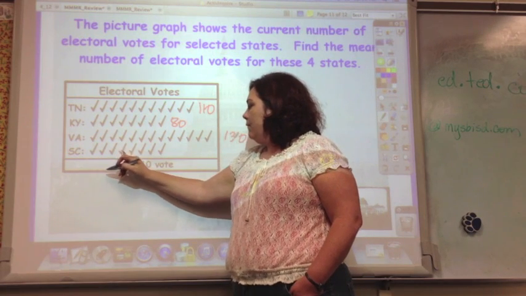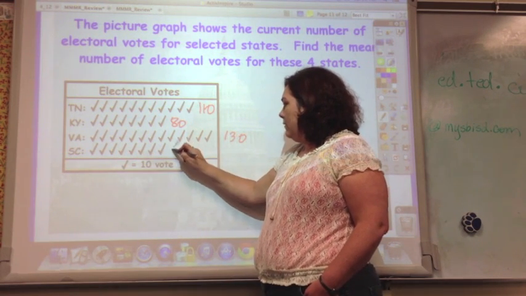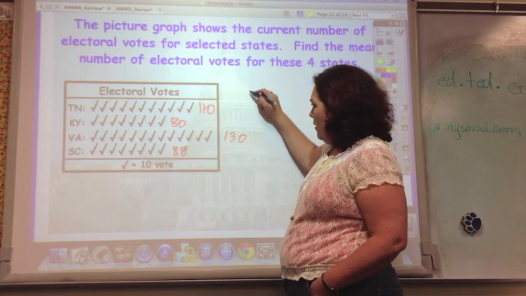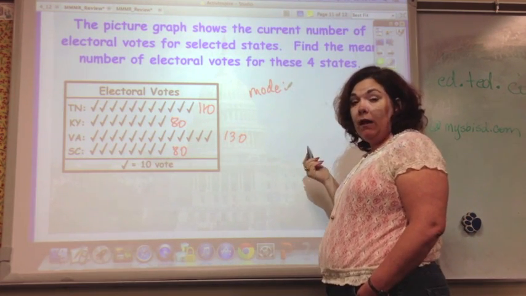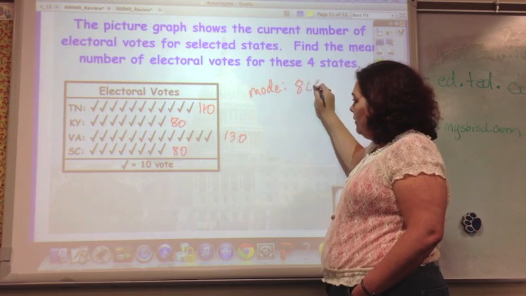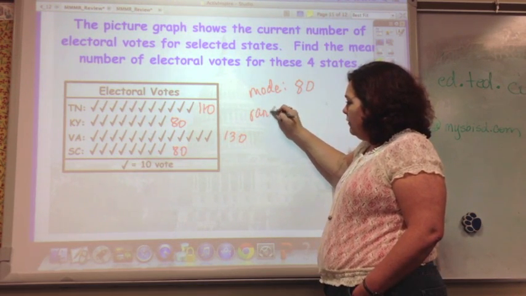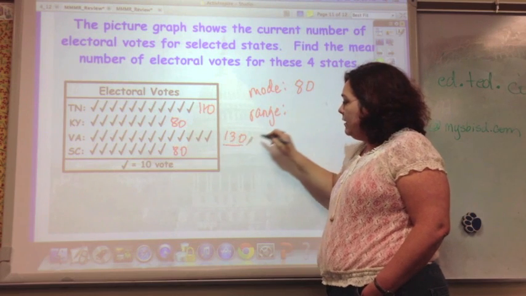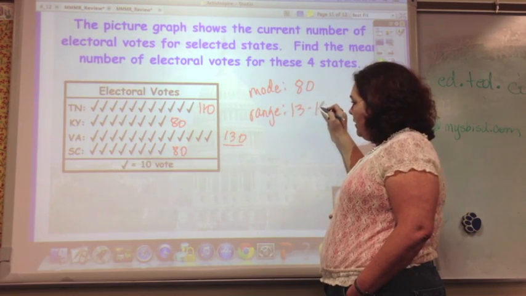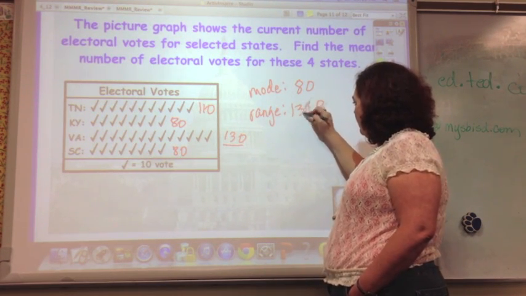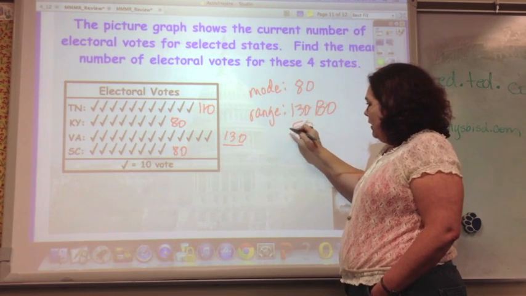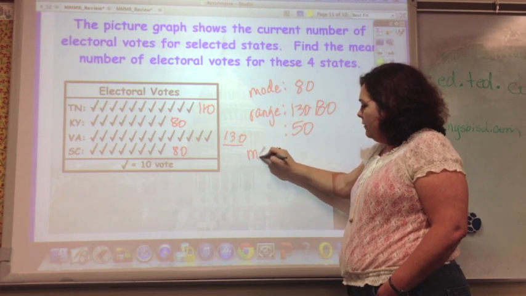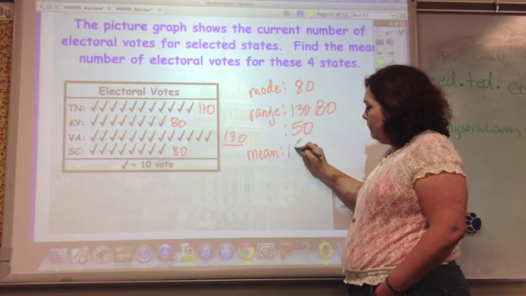And 1, 2, 3, 4, 5, 6, 7, 8, 80. So my mode is going to be the number that shows up the most. So that would be 80. My range would be my highest minus my lowest, and that's 50. And my mean, we said, was 100.